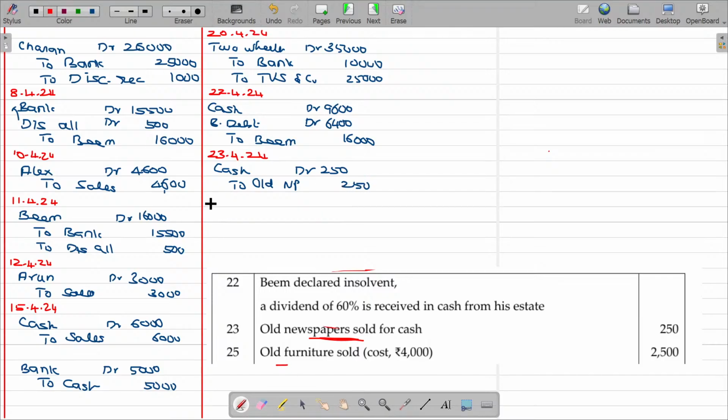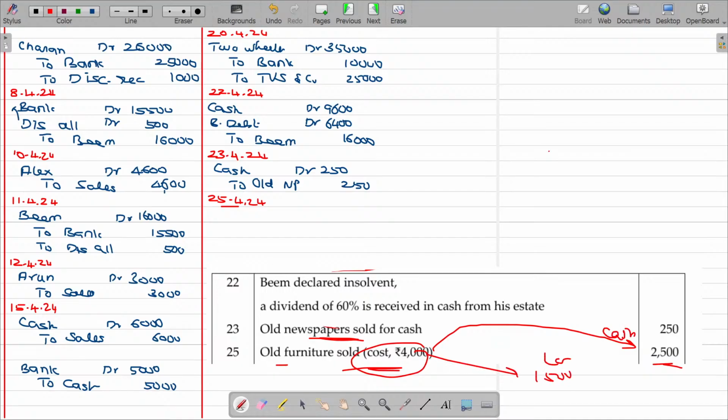And two days later, 25/4/24, old furniture sold for rupees 2,500. Cost is 4,000, and the cash realized is 2,500. What about the 1,500? The 1,500 being the loss. So you get the cash debit 2,500.